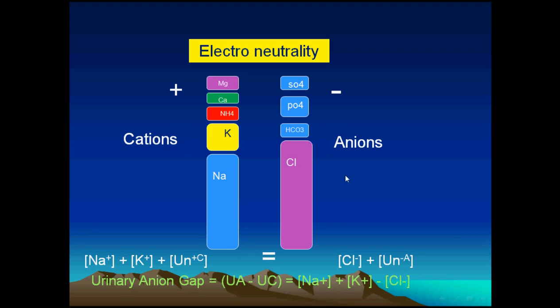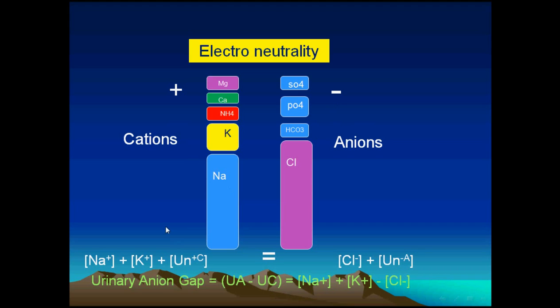Before we enter into the urinary anion gap, it's better to say that this solution is formed of inorganic substances, and these are formed of cations and anions. The number of cations equals the number of anions. This is electroneutrality.